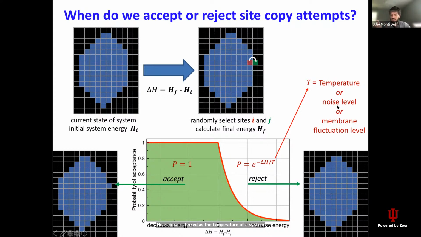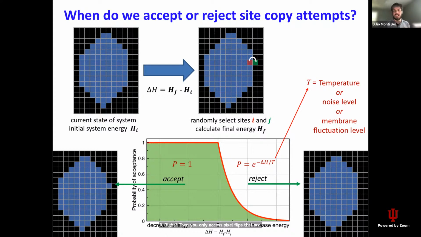But it's better to understand it if you think of it as the noise level of your system, or you can also interpret this parameter T as the membrane fluctuation level of your system. So the higher you make this temperature, the more likely you are to accept any pixel flip. If you make this temperature 0, then you only accept pixel flips that minimize the energy of your system.